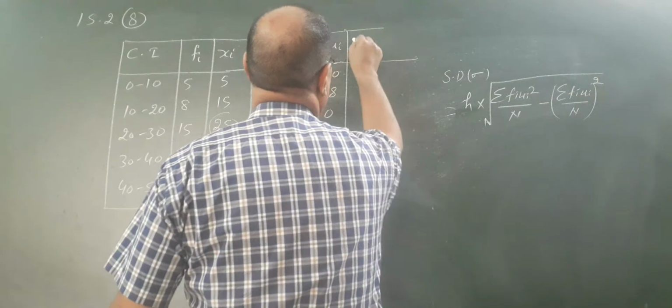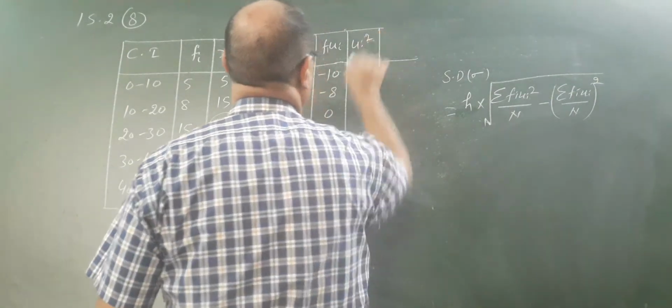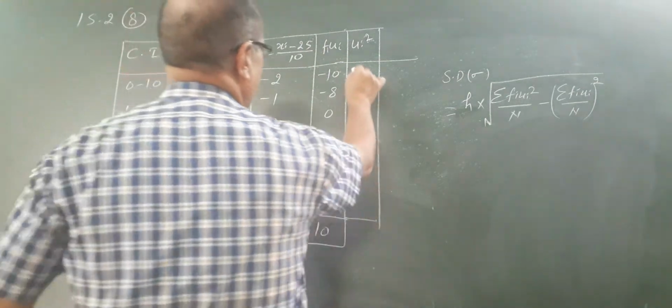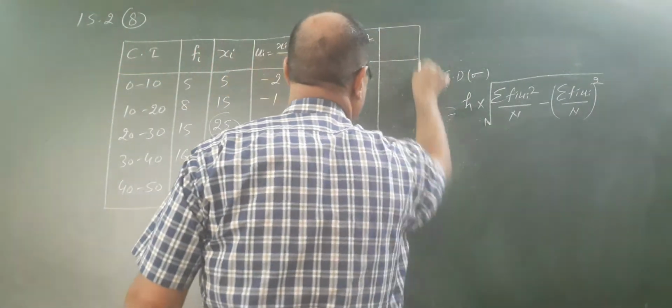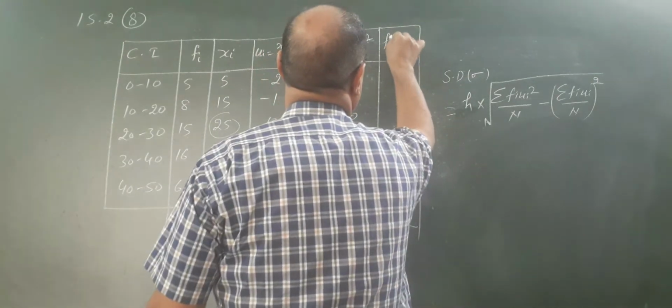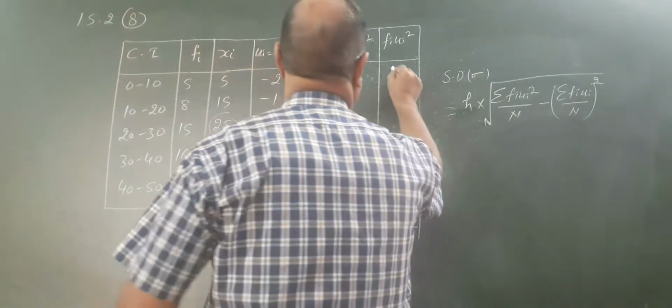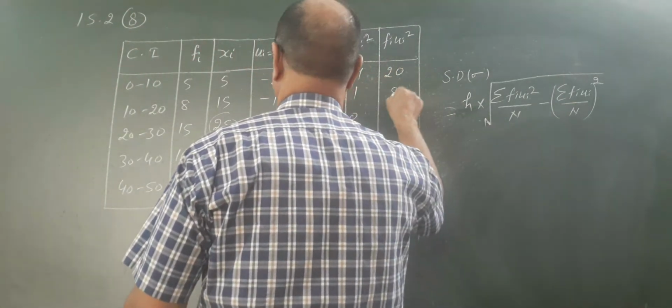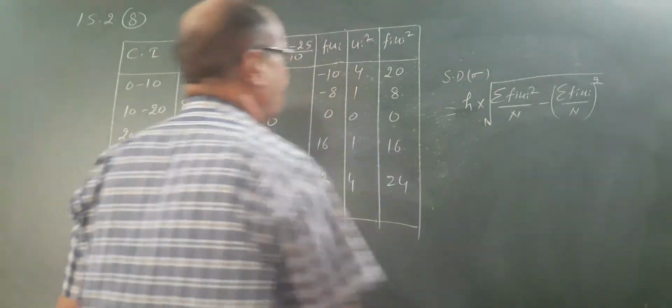Now we will complete this column. We need ui square, so I will write ui square, that is 4, 1, 0, 1 and 4. And write fi ui square, that is fi and ui square, that is equal to 20, then 8, then 0, then 16 and 24.